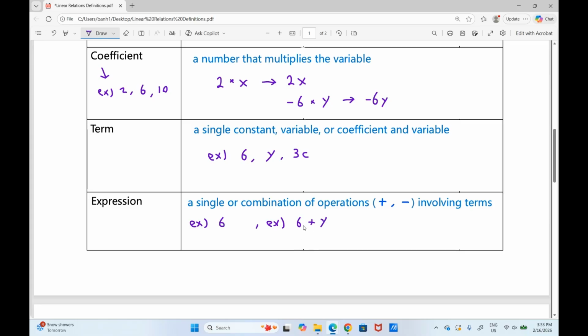Now I have two terms together. Notice for an expression I could have multiple terms involved. Another example could be 6 plus y minus 8d. That is also an expression. In this case, I would have three terms, but I can have multiple terms in an expression as long as they're separated by plus or minus symbols.